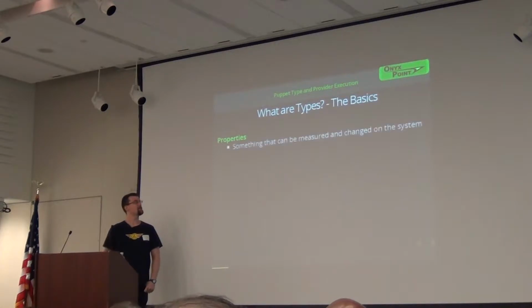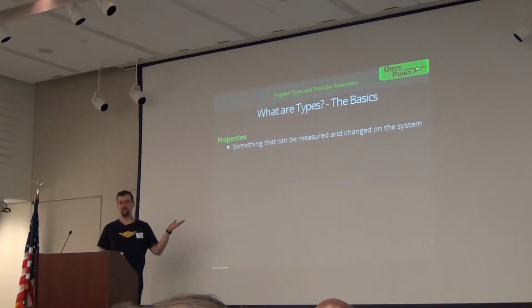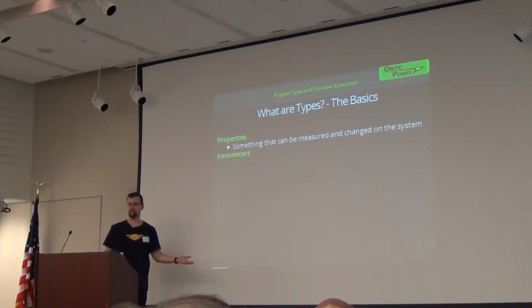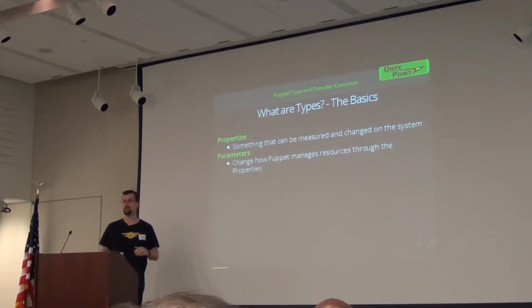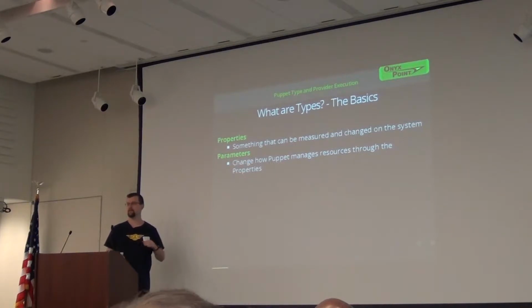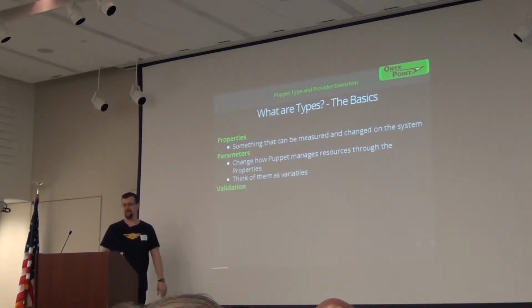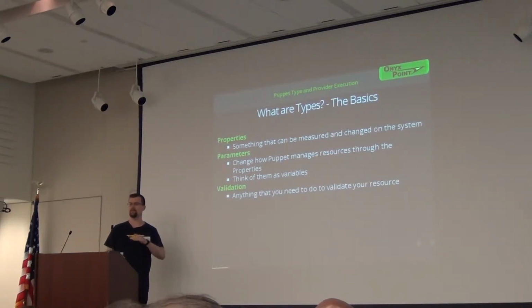They consist of properties, which are something that can be measured and changed on the system. Parameters change how Puppet manages resources through the properties, so they're more like variables in your system instead of something you're going to look for on the system. A validation portion, so anything you need to do to validate that your resource is effective as you're applying it to the system or creating it on the master.